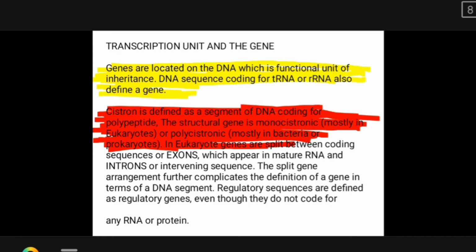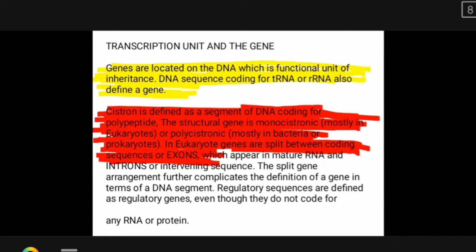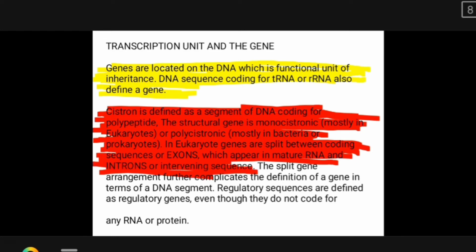In eukaryotes, the genes are split between the coding sequences or exons, which appear in the mature RNA, and the introns, which are the intervening sequences. These exons are helpful and we require them, and that's why they are present even in the mature form.